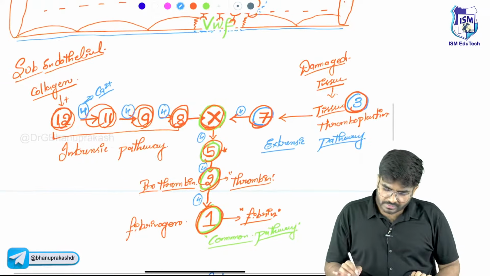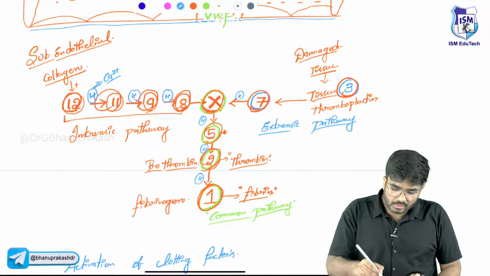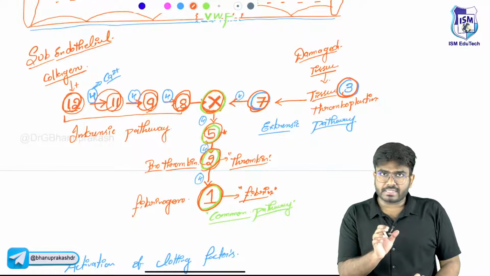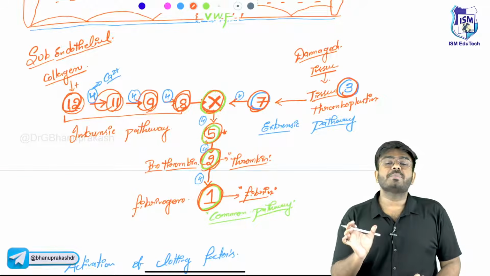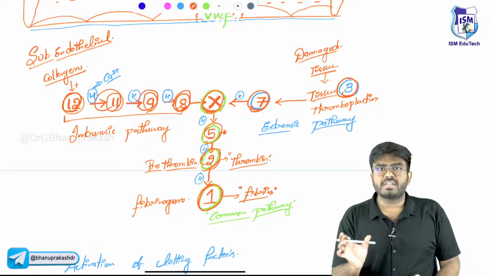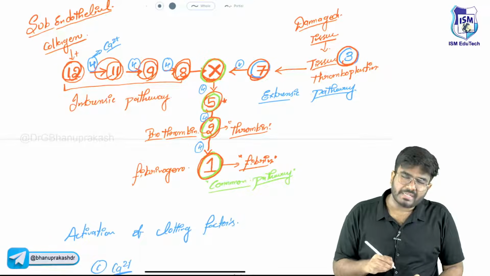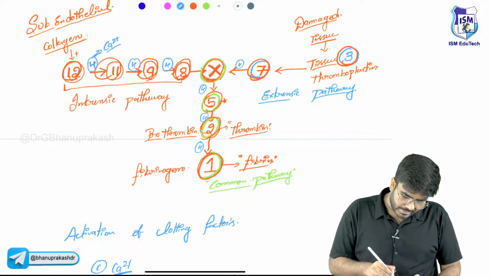So how many pathways are there in total? There is the intrinsic pathway and the extrinsic pathway. These pathways are measured: the time taken for the intrinsic pathway and the time taken for the common pathway is measured. There are two studies called PT and PTT. Let me write here PT and PTT.